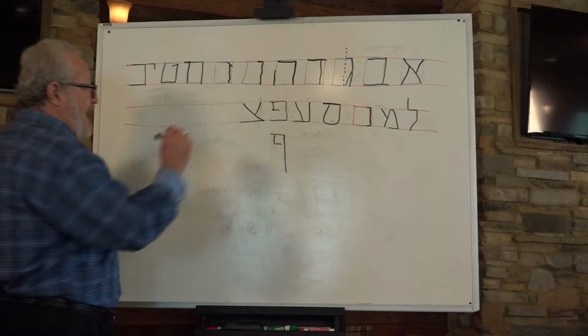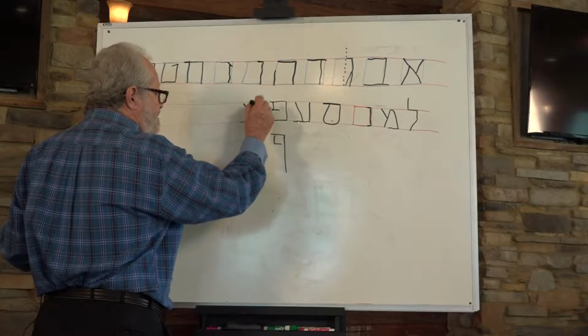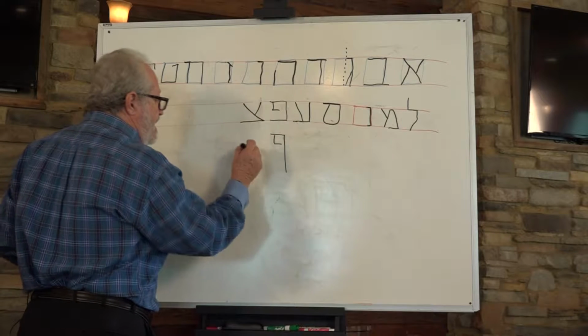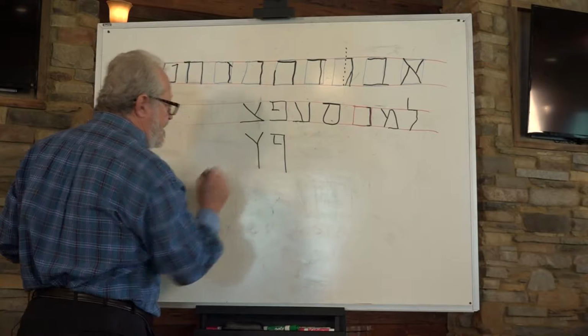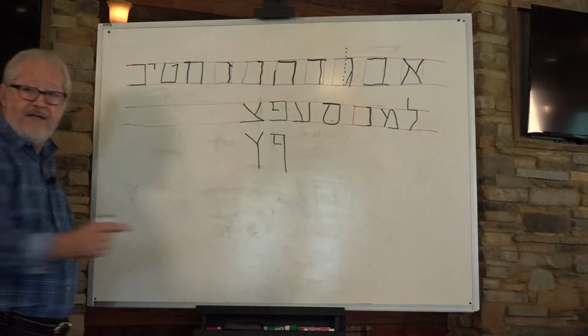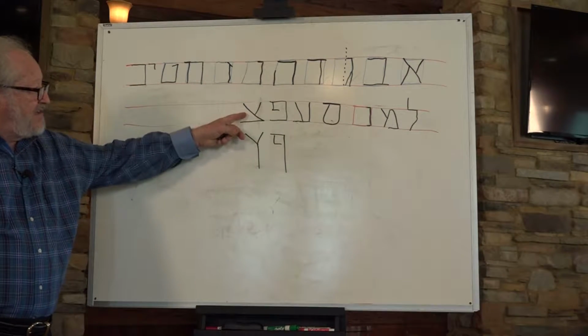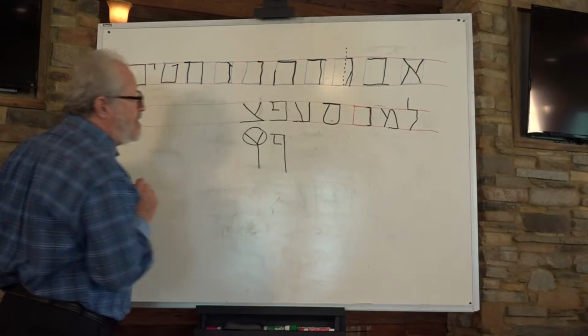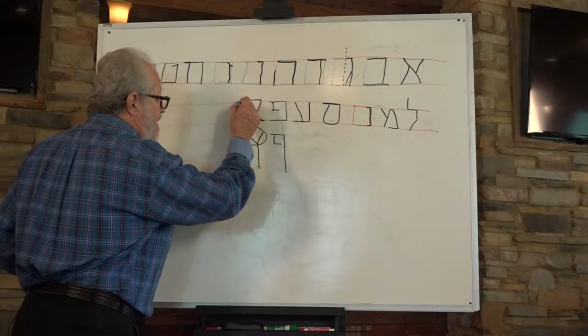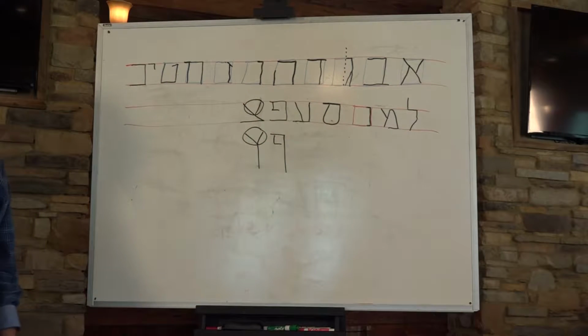Got it? The tzaddik the same. This section right here, this little V, is a final form. So you make the little V and then come down. This Y, the English letter Y, is a final form of tzaddik. Do you see this section right here? It's the same as this section right here. Okay? A little help.